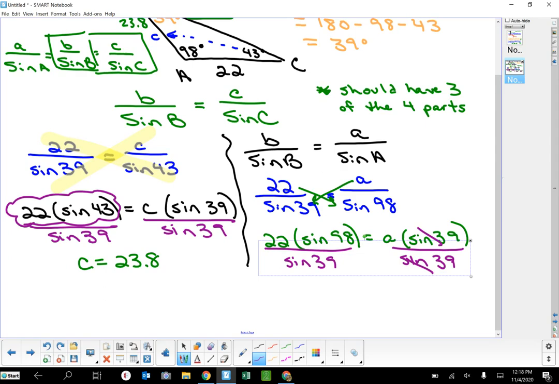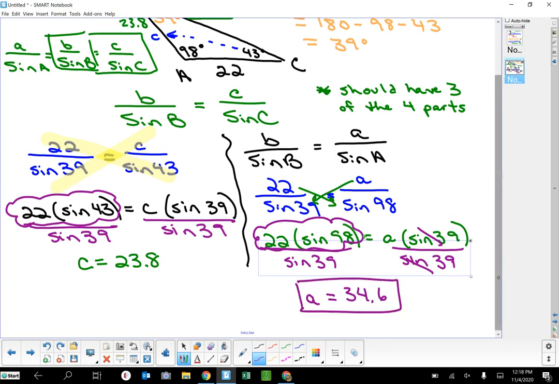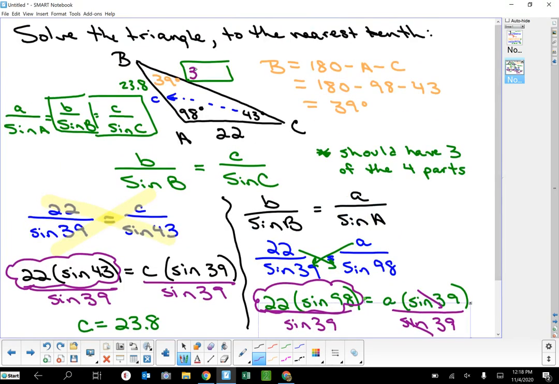Again, what I did here was I evaluated the top, got a number, and then divided by sine of 39, and got A equals 34.6. And then I labeled my triangle. So that is how I would use the law of sines to solve that triangle.